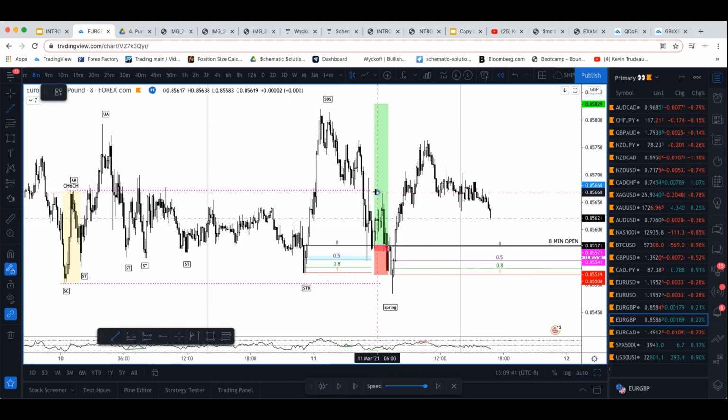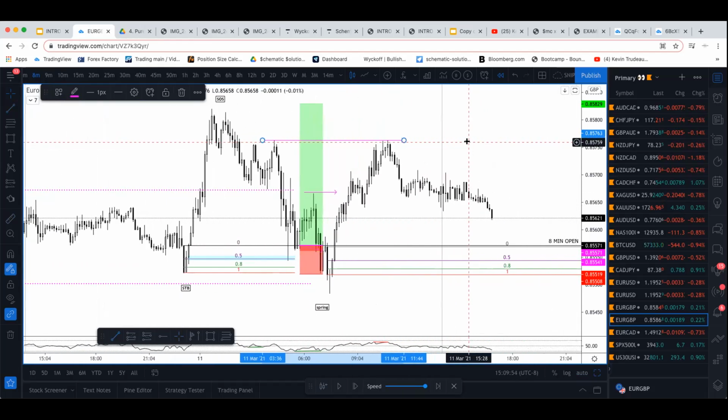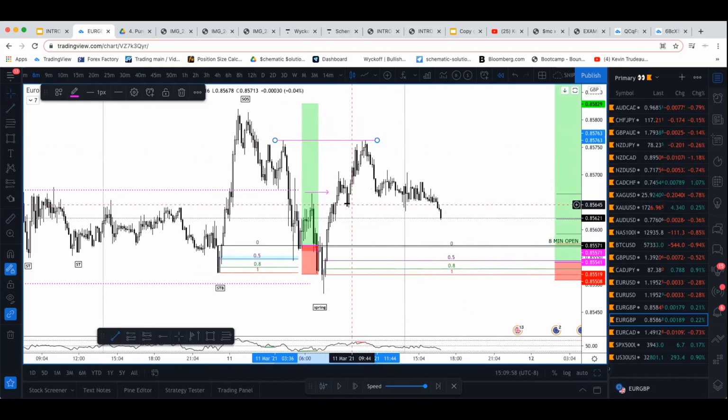So we understand we break above here. We even break above here. So it looks like relatively equal highs. So pretty much we break above internal liquidity, internal structure.